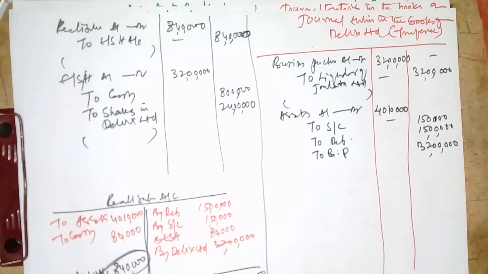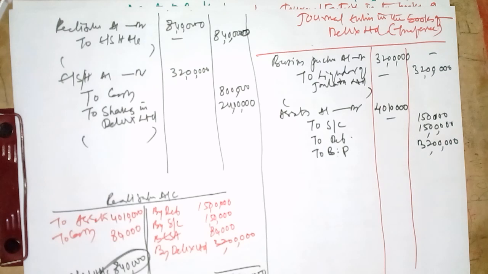So once this is done, what do we need to do? We need to find out the balancing figure. So the balancing figure would be how much? 40 lakhs 10,000 minus 1,50,000, 15 lakhs, then 32 lakhs.